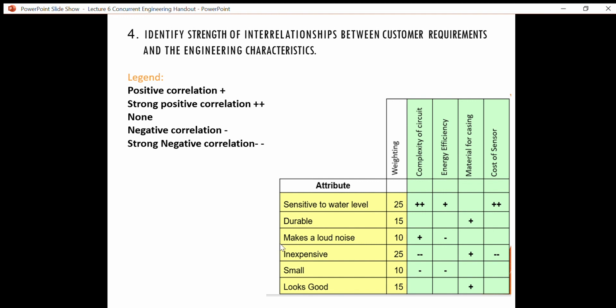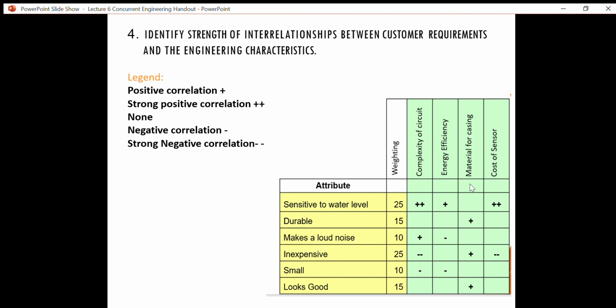But for the inexpensive, to make a cheaper product, they have the inverse. This one is a strongly negative correlation with the complexity of circuit. Double negative, strongly negative. So we need to have a more simple circuit for cheaper cost, cheaper product to sell.